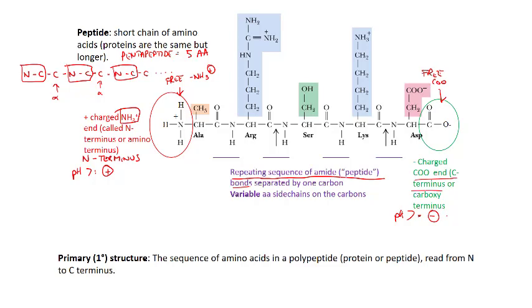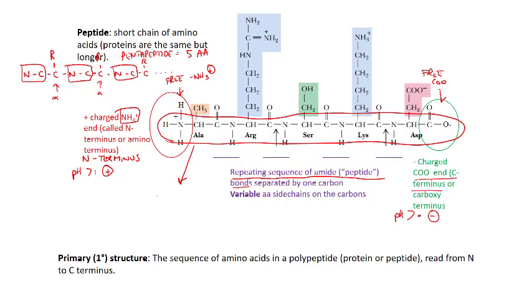All right, and notice that at every one of these alpha carbons, we have an R group hanging off of the side. So this repeating chain of nitrogen, carbon, carbon, nitrogen, carbon, carbon, nitrogen, carbon, carbon, this part of the molecule is referred to as the main chain, also known as the backbone.